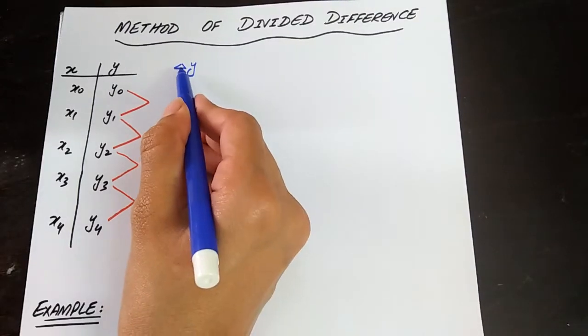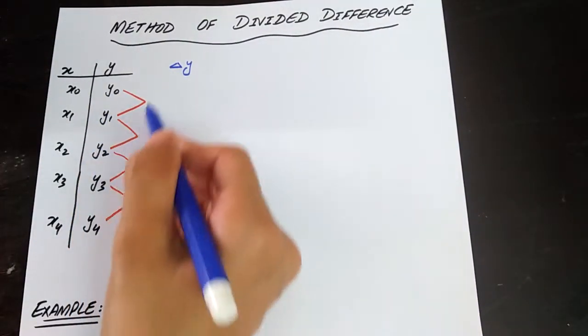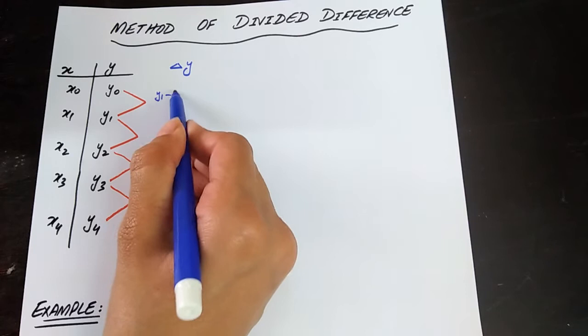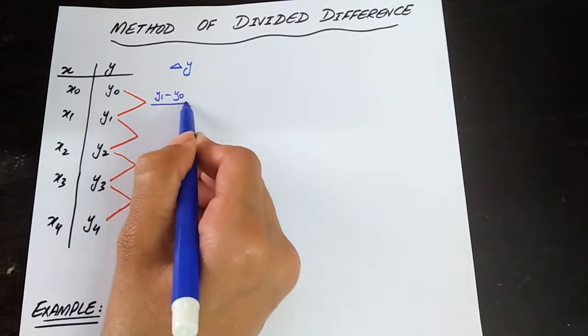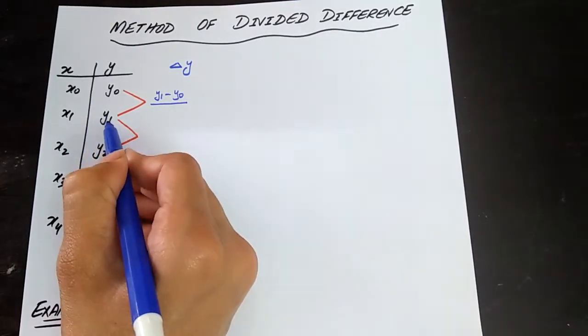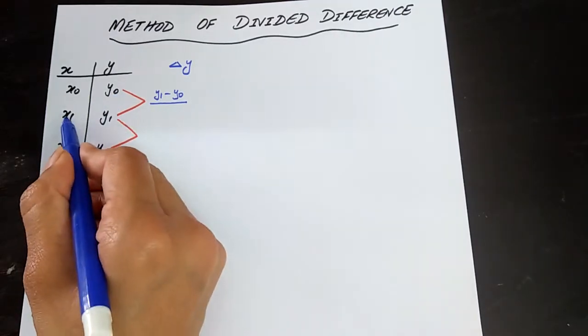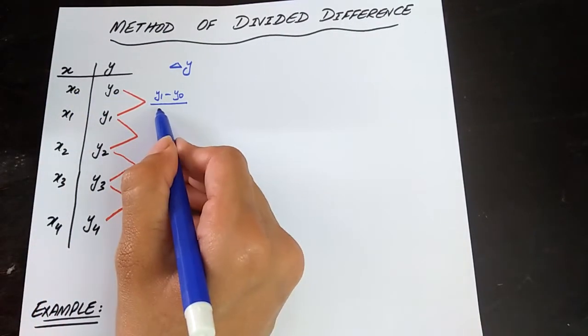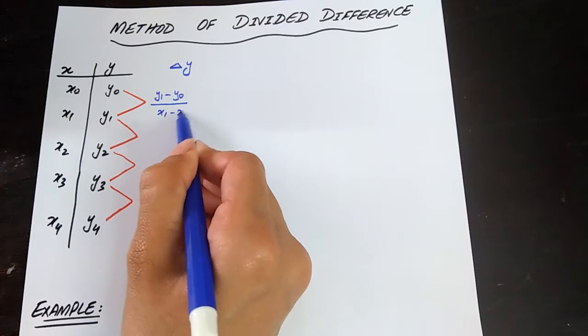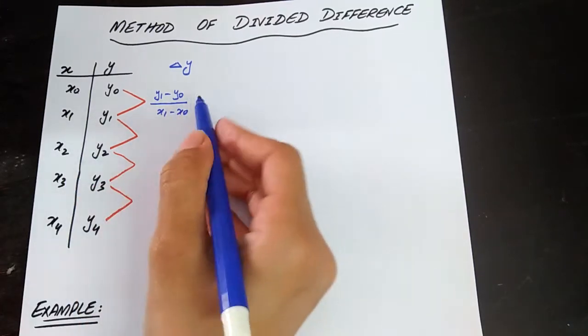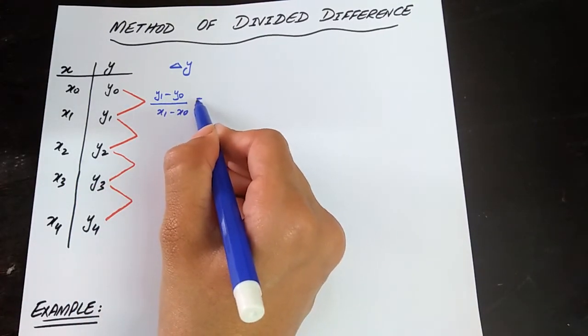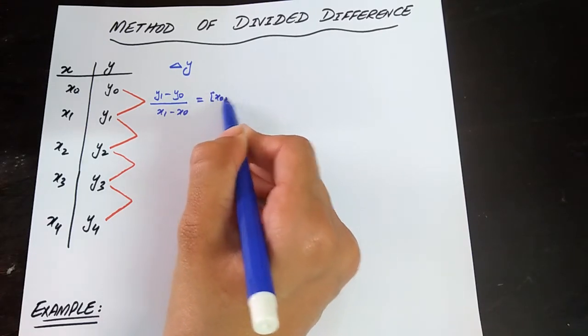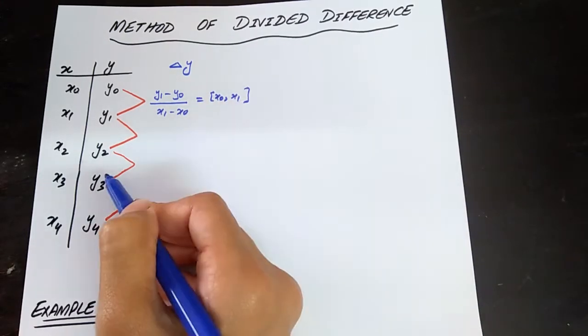Now, the first difference for y1 and y0 will be y1 minus y0 divided by, at what x values are you having y1 and y0? x1 and x0. So you have to divide it by x1 minus x0. Let's suppose I am giving it a name, x0, x1.